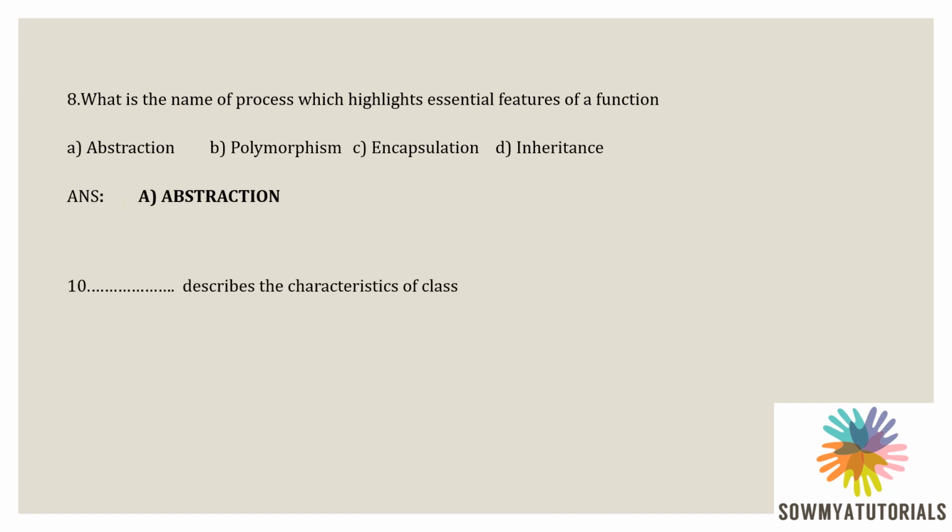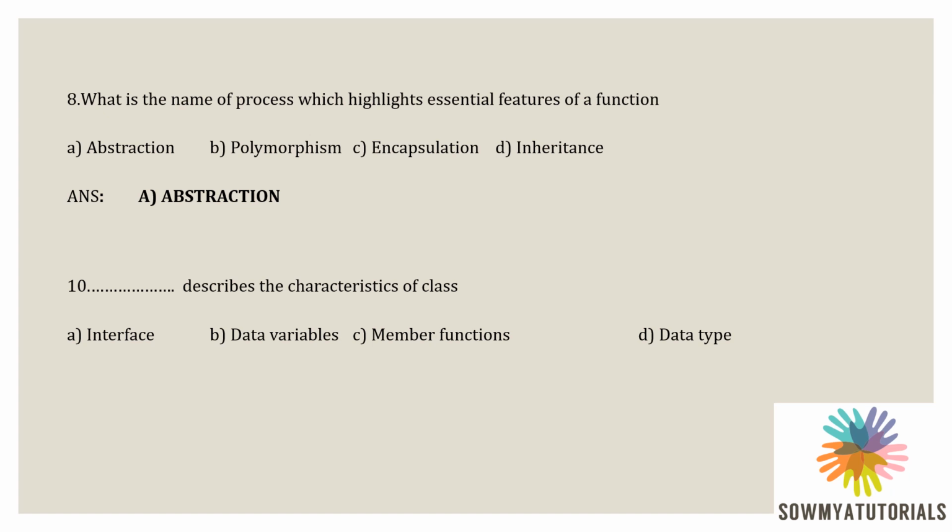The next question is: dash describes the characteristics of the function. The data member definition is already repeated. Data members are the variables, which are also known as the members of the classes. These data members describe the characteristics of the class.